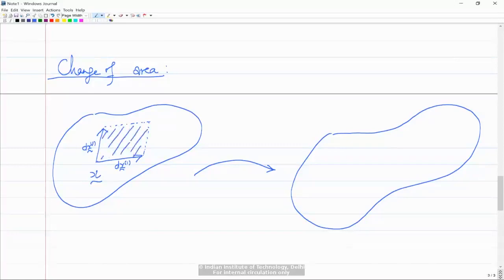So you can construct area by just taking the cross product of two line elements.